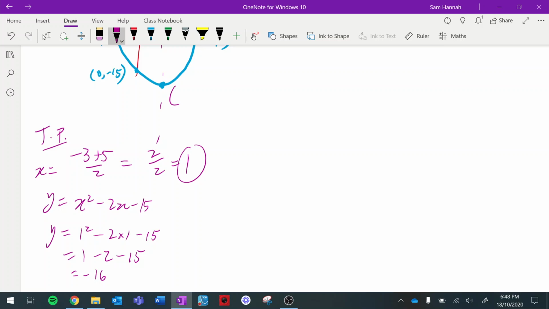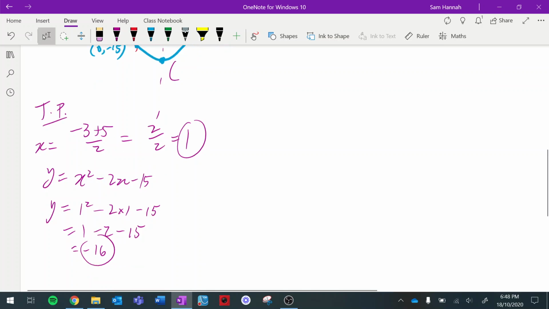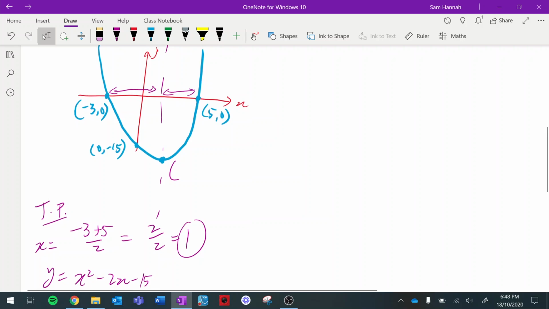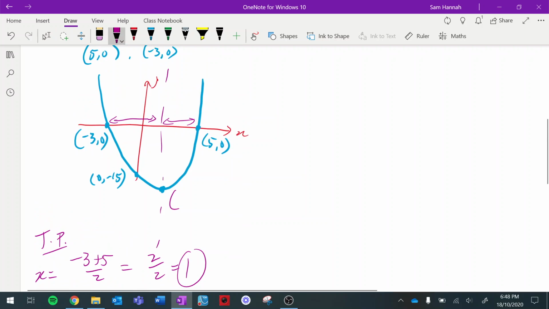So the turning point, we can jot that down, is 1, minus 16. So let's add that into our graph. 1, minus 16. And just to confirm that it makes sense, is minus 16 lower than minus 15? Yes, it is, so it all makes sense.